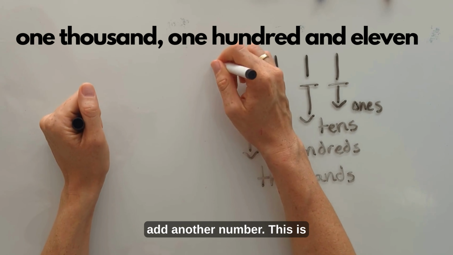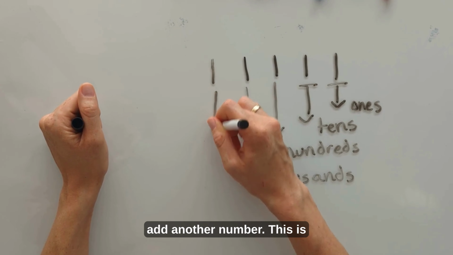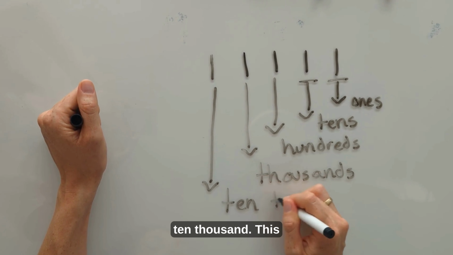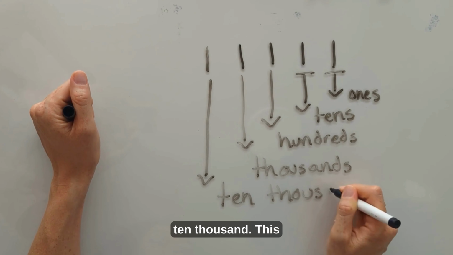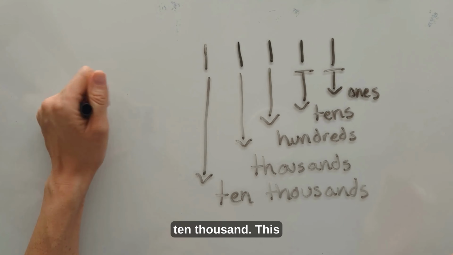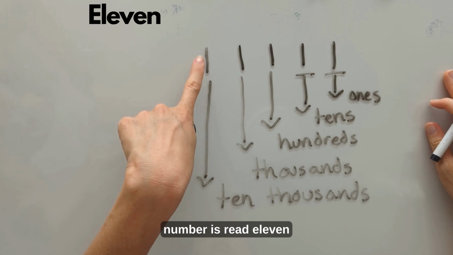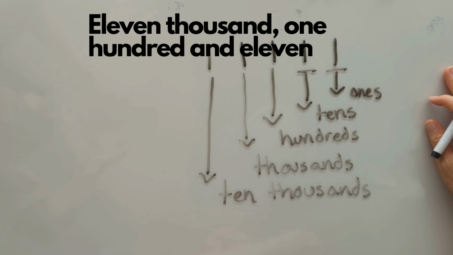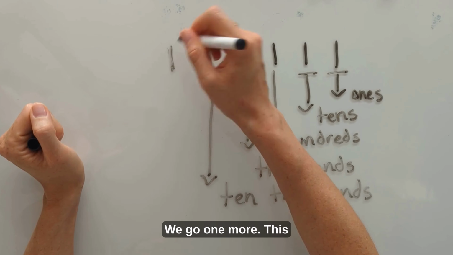Let's add another number. This is 10,000. This number is read 11,111.